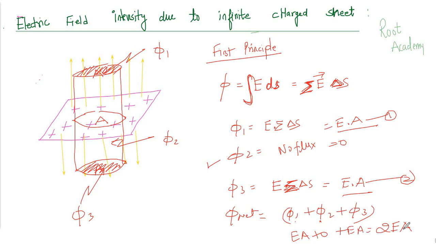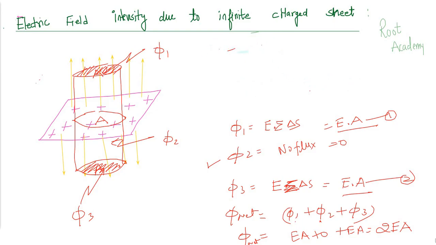Always remember, E is a different thing, epsilon is a different thing. E is the electric field. So this is the phi net by using the Gaussian surface and the basic formula.